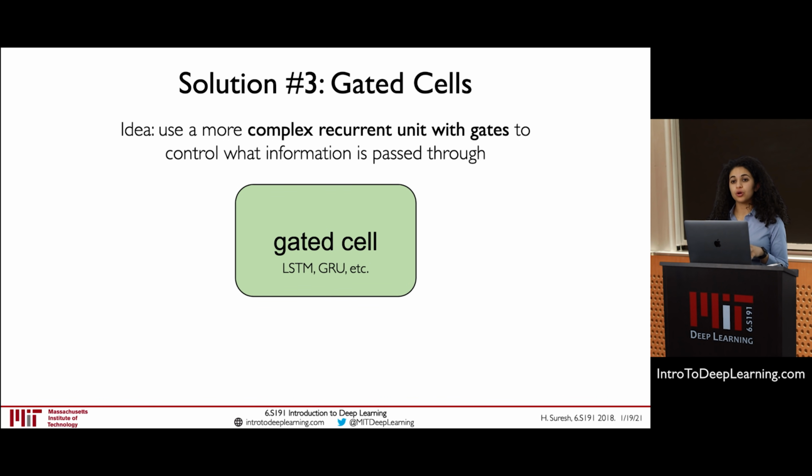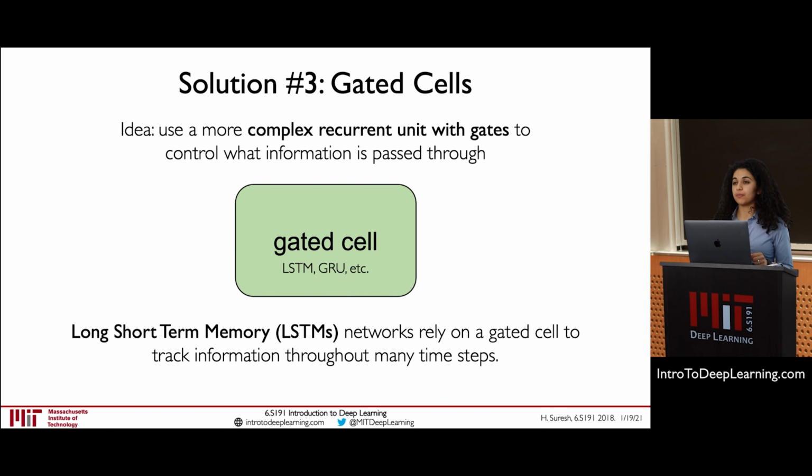Specifically, we're going to use what is called gated cells. And today we're going to focus on one particular type of gated cell, which is definitely the most common and most broadly used in recurrent neural networks. And that's called the long short-term memory unit, or LSTM.